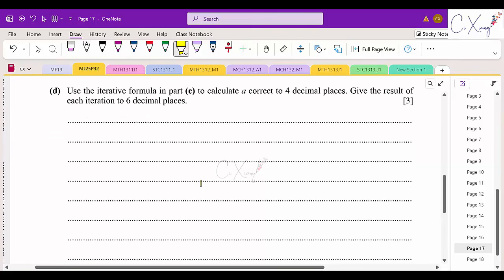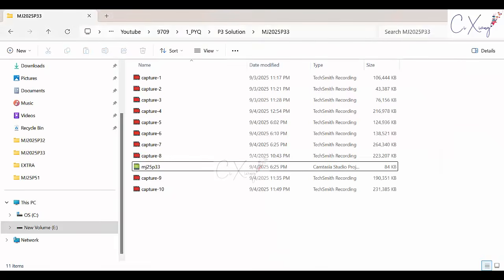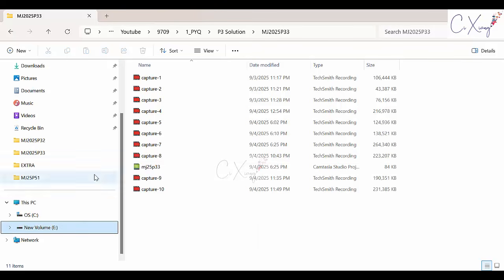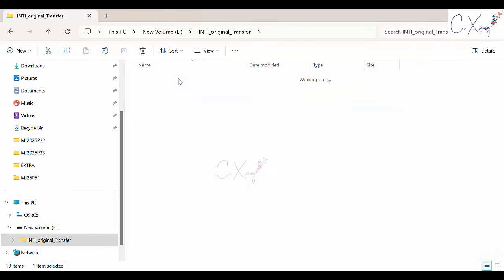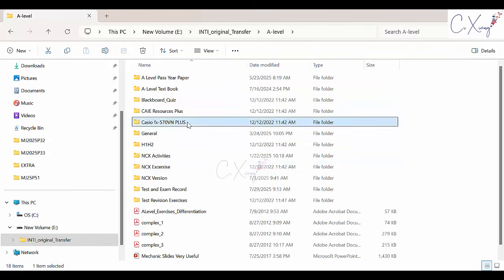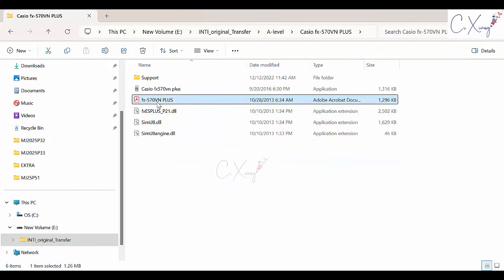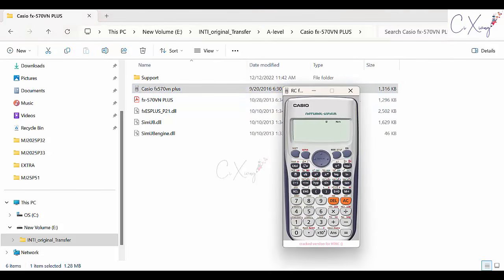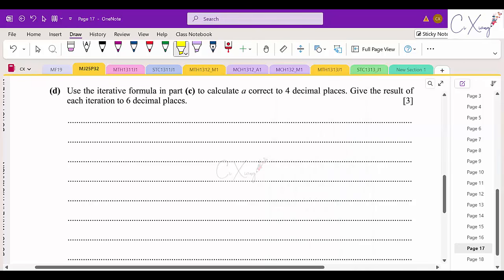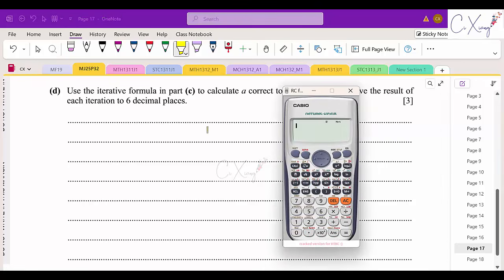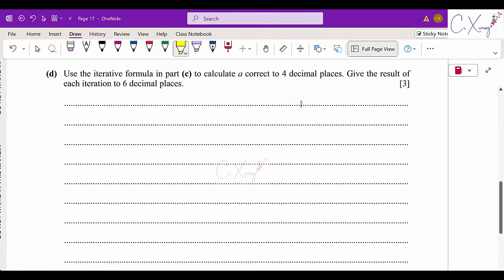Alright, then let's go for question number 4. Now they want us to use the iterative formula to calculate A correct to 4 decimal places.